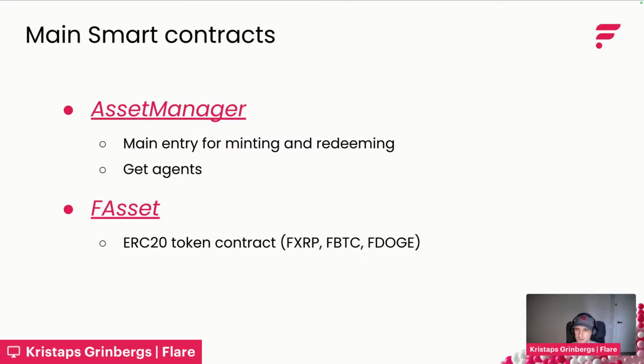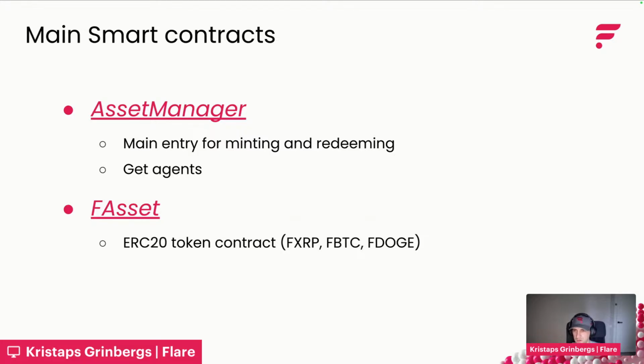You can also use the asset manager to get agents, list redemptions, and so forth. It's quite a big interface. It's IAssetManager, the name of the interface in our smart contracts suite. Behind the scenes, it's split into smaller chunks, which is why it's using the diamond pattern, but I will not focus on the diamond pattern in this session.